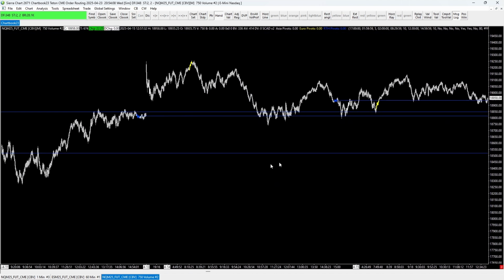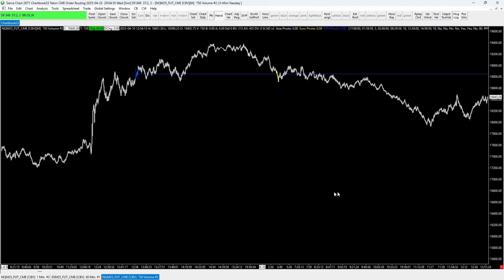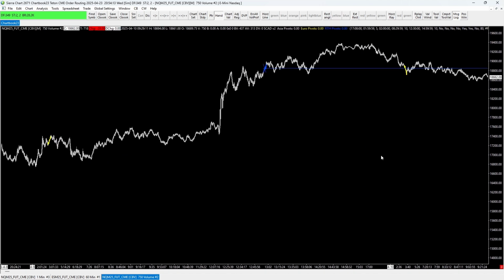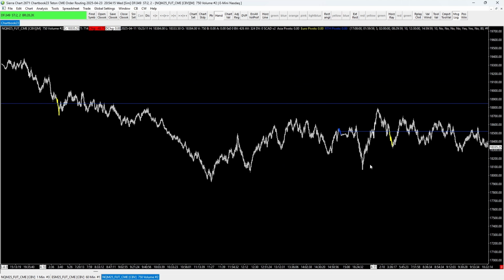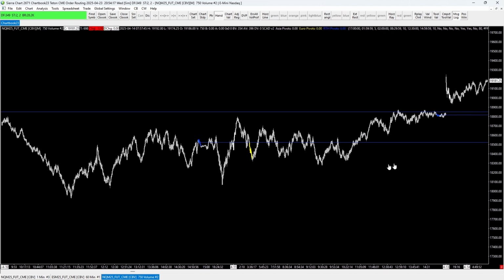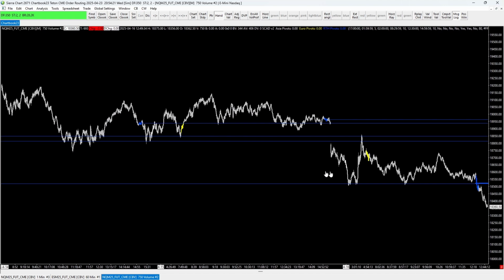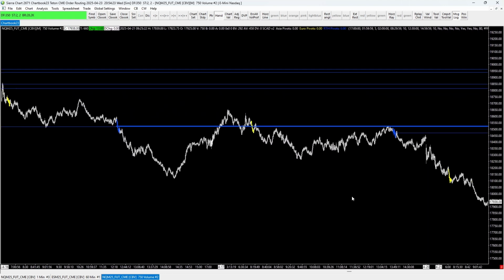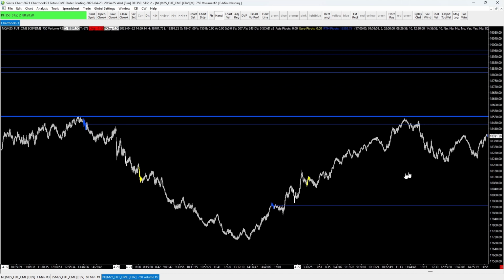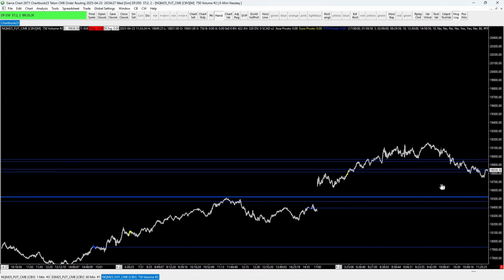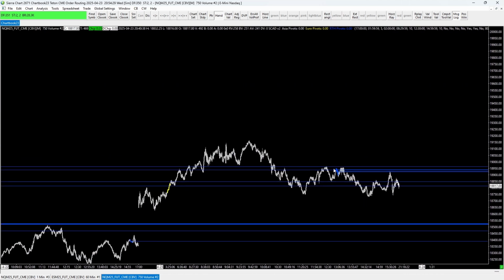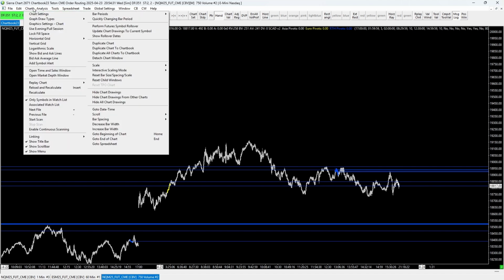Maybe it's pareidolia, I'm just seeing patterns. But with some of this stuff you have a thesis, right? There's an intuitive reason, a reason why there'd be a risk premium here, why you'd be leaning on this level.